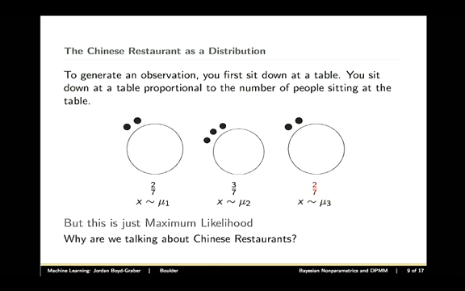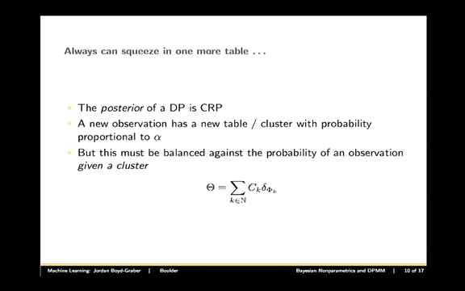Okay, but at this point you might say this is just maximum likelihood. Why are we talking about Chinese restaurants? The way that this came about is that the people who invented Dirichlet processes lived in Berkeley, and they had this experience of going to Chinese restaurants in Berkeley, and one restaurant in particular, you went in, and you could always get a table.